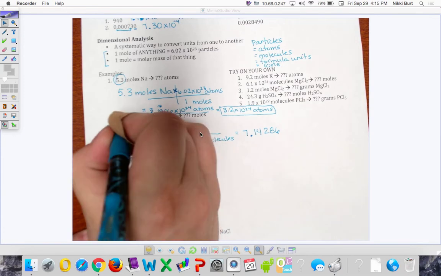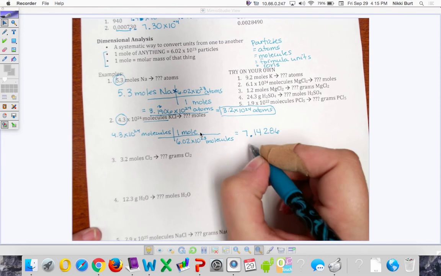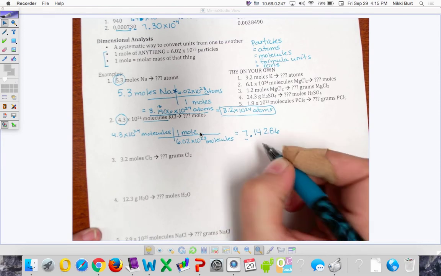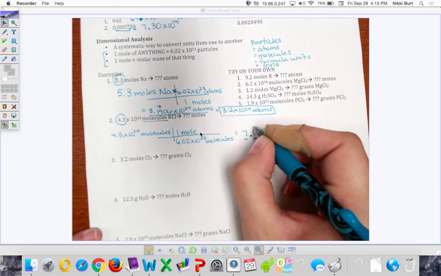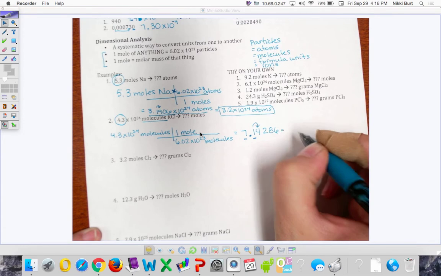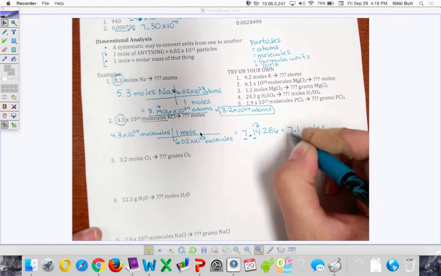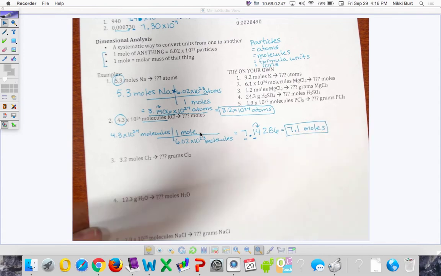But we want to pay attention to our significant digits. Our original number had 2 sig figs in it, so our answer needs to have 2 sig figs. So this is significant, this is significant. Check your next digit over. It's not large enough to cause it to round, so we would report our answer as 7.1 moles.